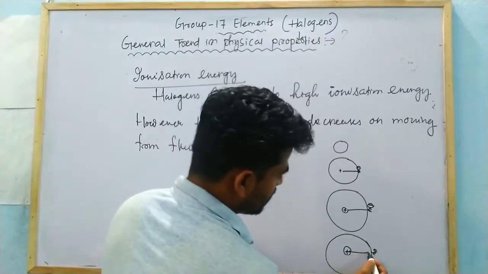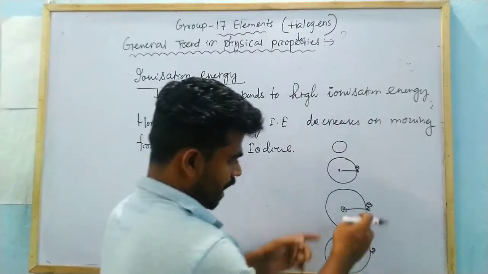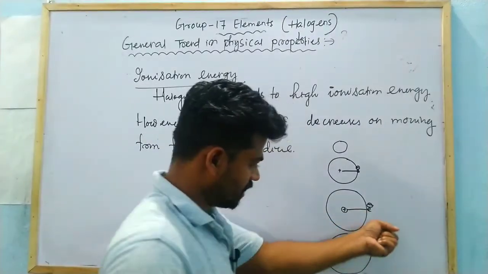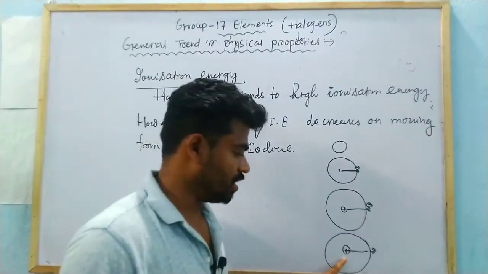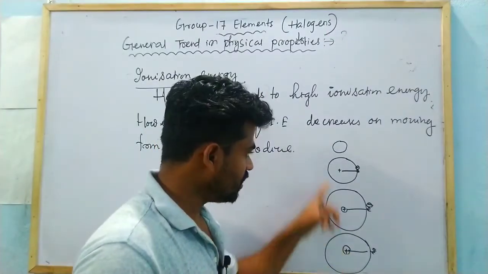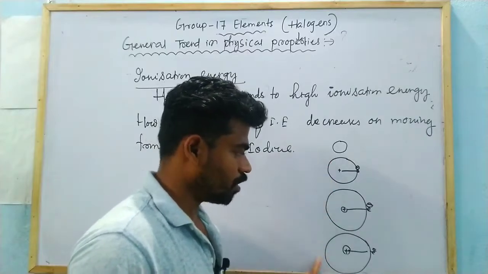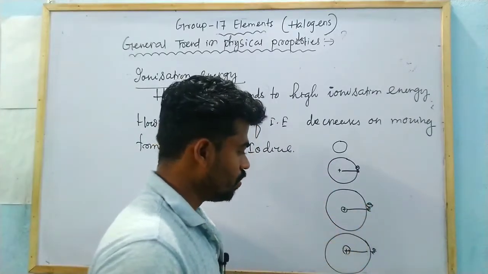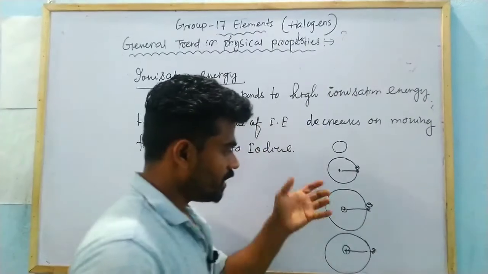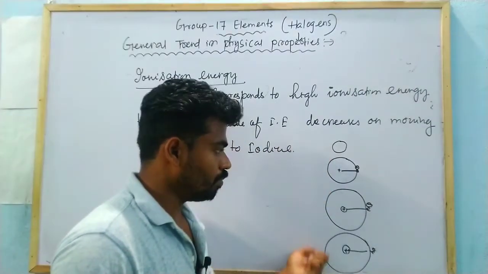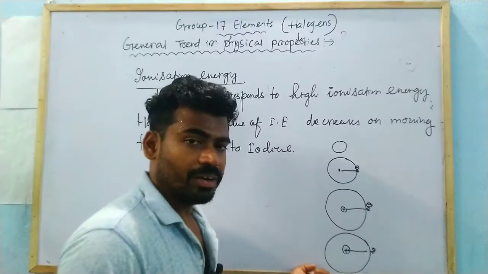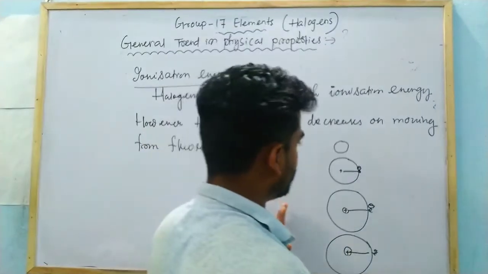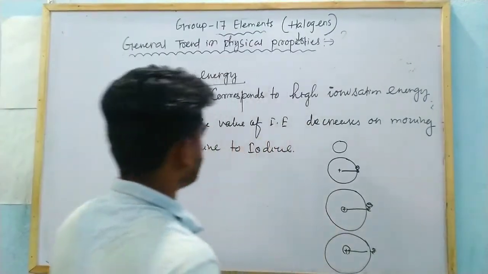As the distance becomes more and more, the outermost electron is under less influence of the nucleus. That means the effective nuclear charge decreases from top to bottom due to increase in atomic size. So removal of an electron will be easier as we move from fluorine to iodine. That's why the value of ionization energy decreases down the group.